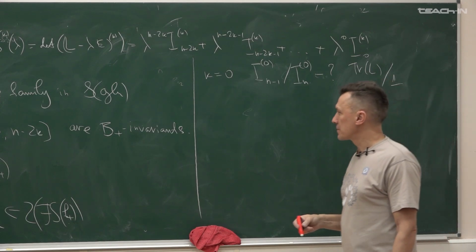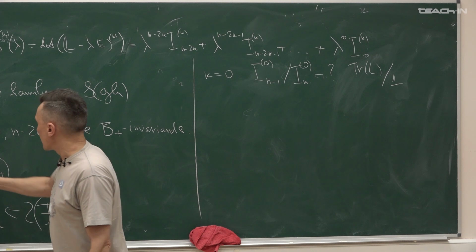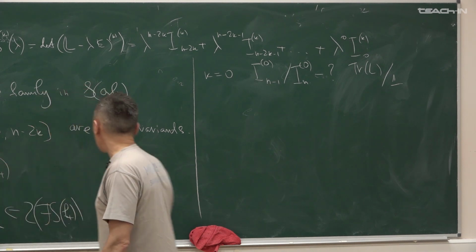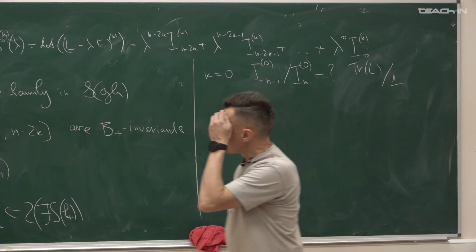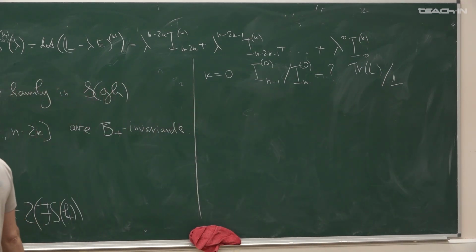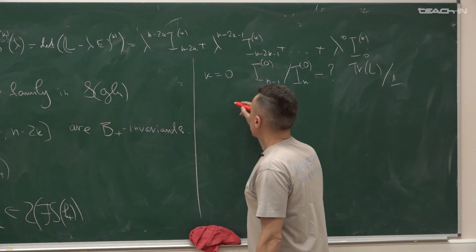Okay? But why is it true for all k? For all k. How is it organized? I need more elements.